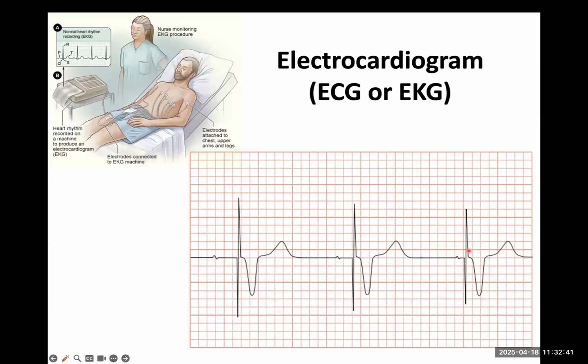In previous years, technology got to the point where they would put these leads on a patient, and then this machine would spit out this graph. The leads would pick up the electrical signals, electrochemical signals coming from the heart, and those would be connected to the machine, and then this graph was printed.